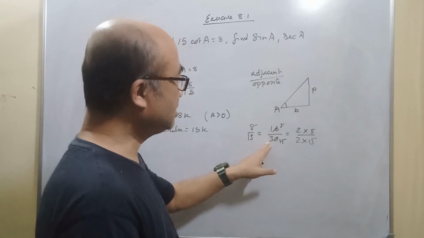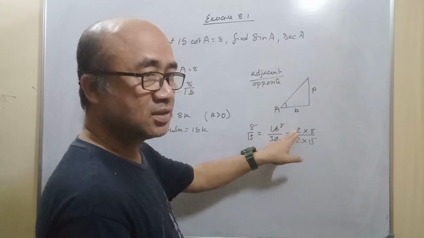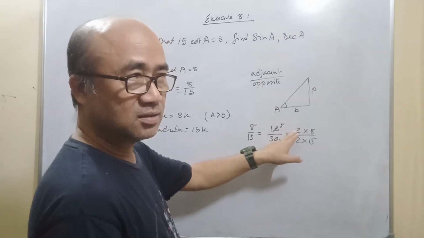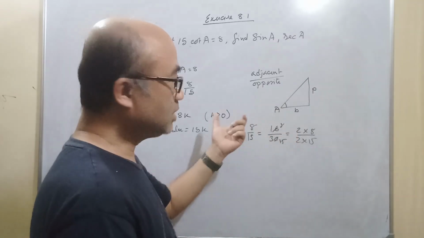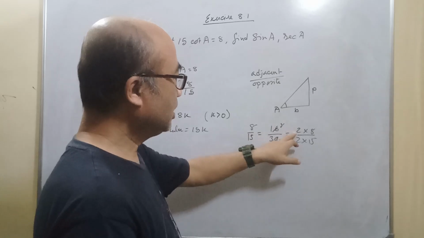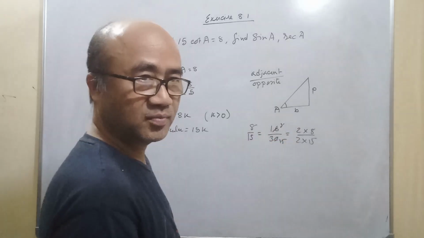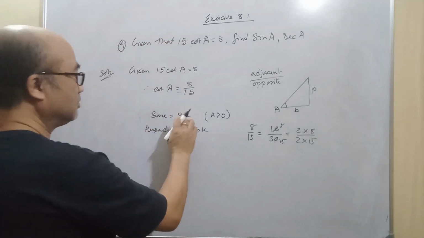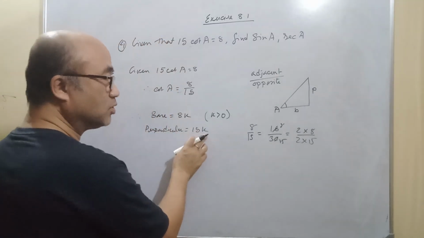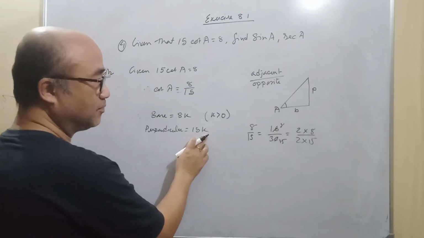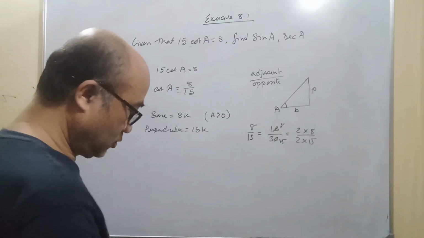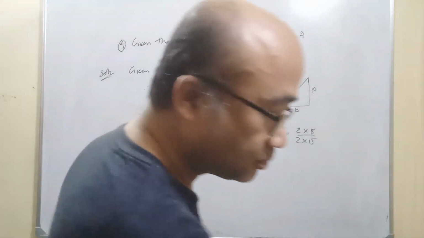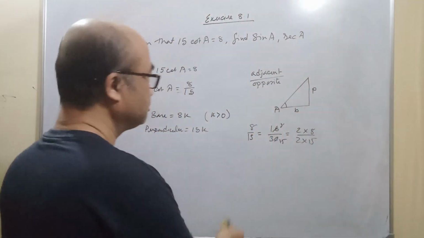So to get the actual sizes, we are multiplying by the same positive integer. Since we don't know the actual sizes, we assume that this is K. Getting my point? So we have to multiply both the sides by the same positive integer. That will give us the actual sizes.